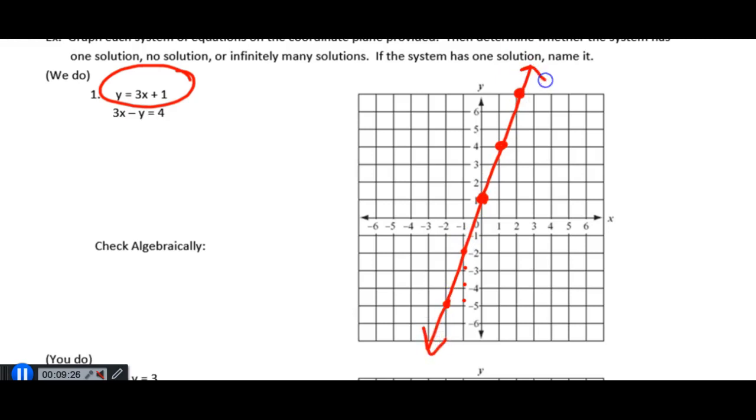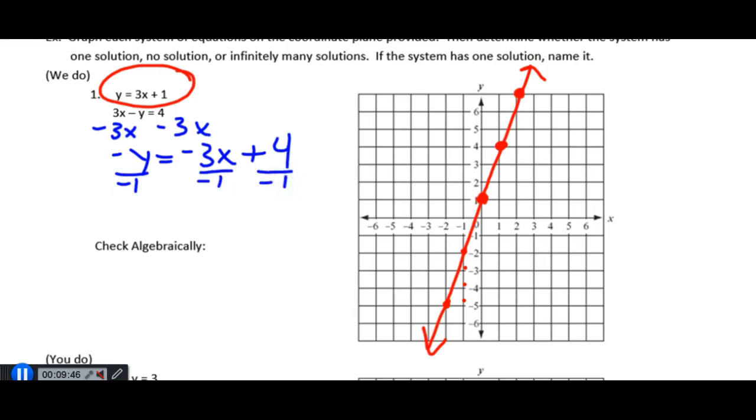Second one I'll do in blue, but that one's not in slope-intercept form. So I have to use my part 1 skills. Negative y equals negative 3x plus 4. Move that x over, divide by negative 1, and remember to divide everybody by negative 1. y equals 3x minus 4.